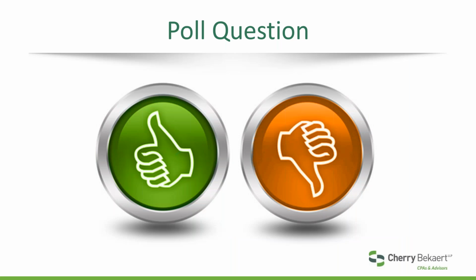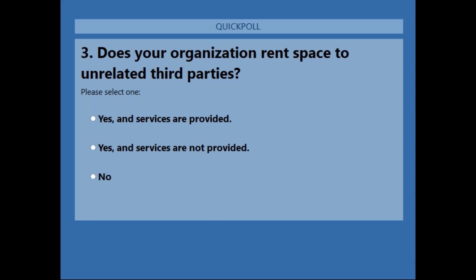Okay, we are now to our third poll question, which is, does your organization rent space to unrelated third parties? If so, do you typically provide services in exchange for the rental, or do you not provide services?